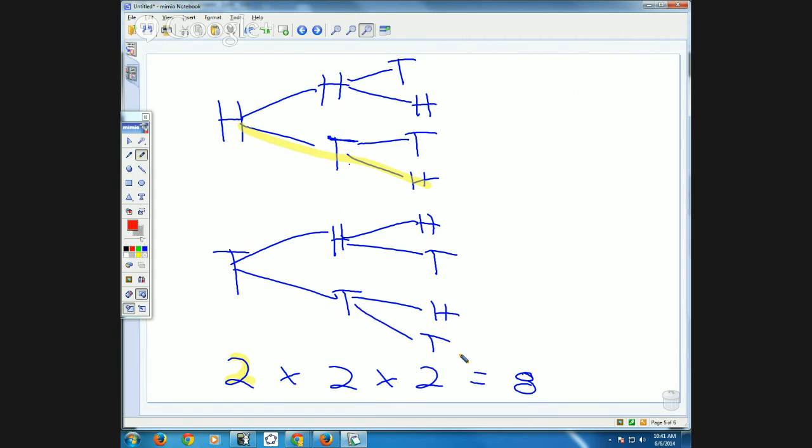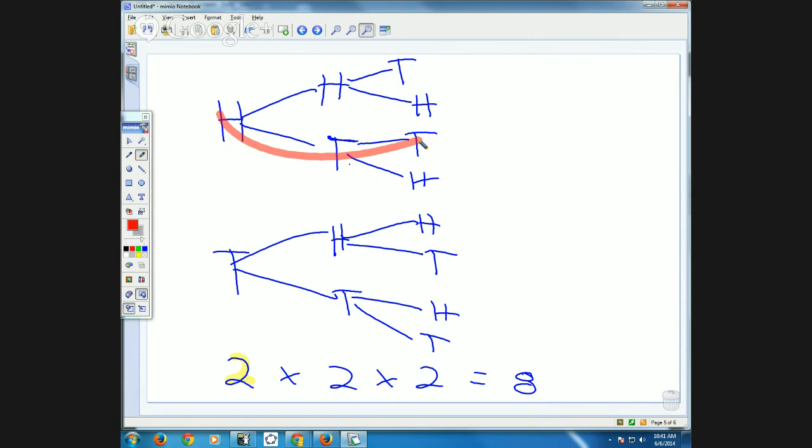Let's try this. Okay, what's the probability of getting exactly 1 head? Let's see, so that happens right here, right? Head, tail, tail.